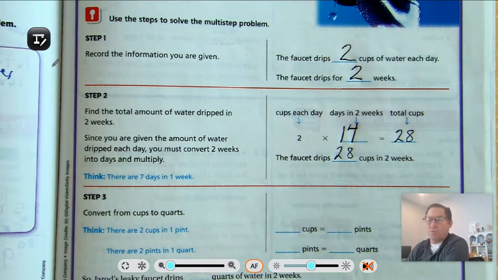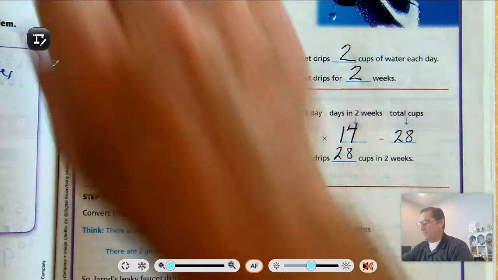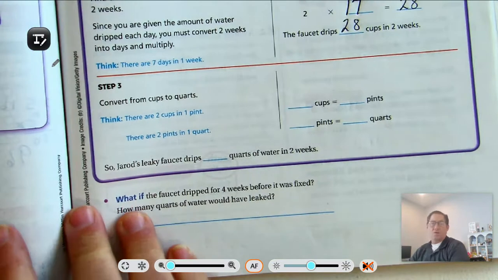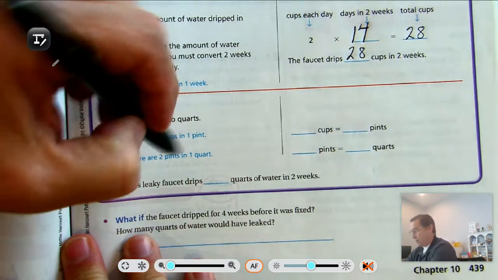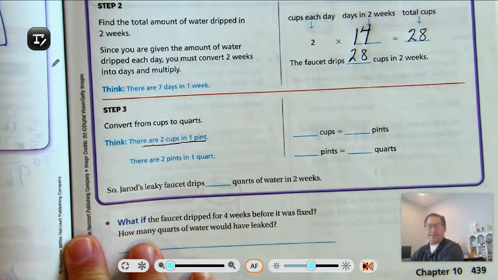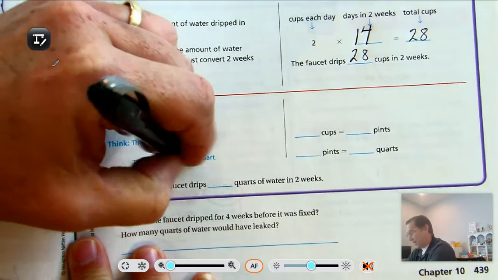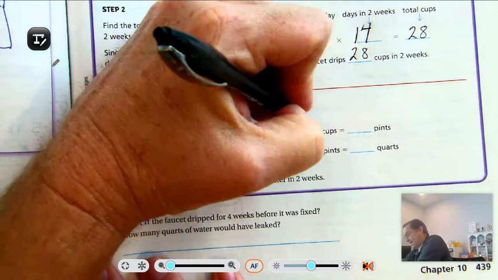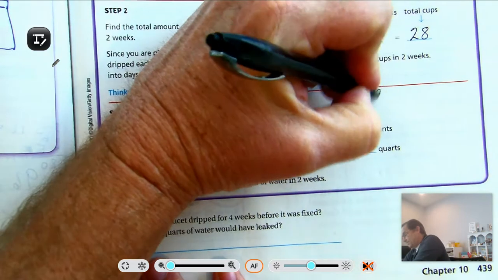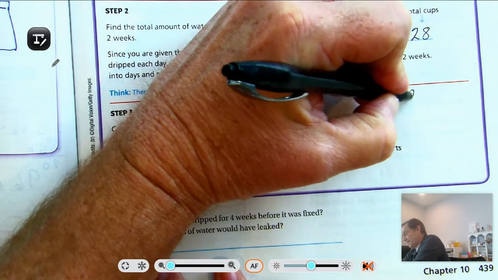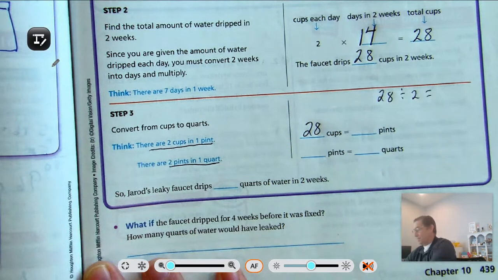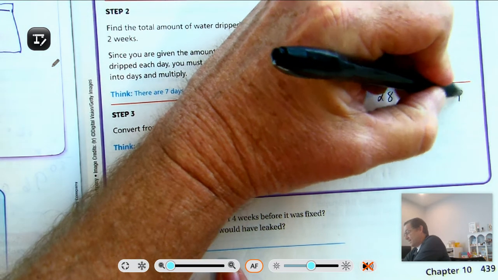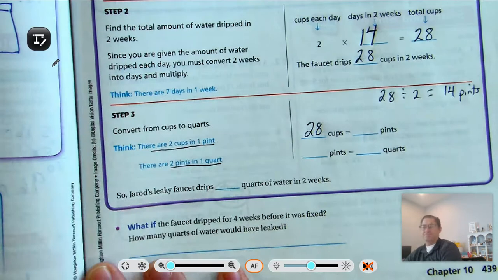All right, so we're almost there. Now we need to change the cups into quarts. So remember, there are 2 cups in a pint, and there's 2 pints in a quart. So 28 cups, if we divide 28 cups by 2, that tells us that there's 14 pints.